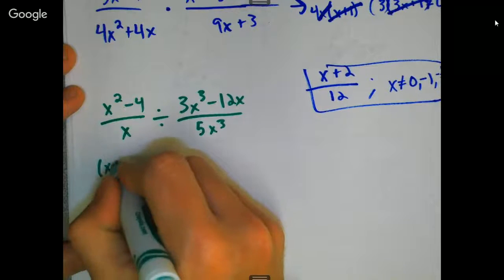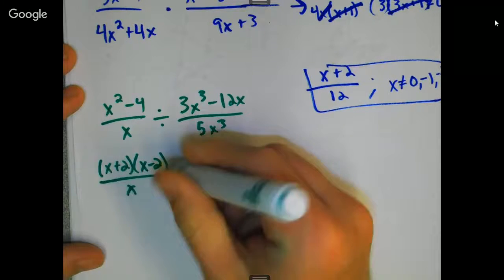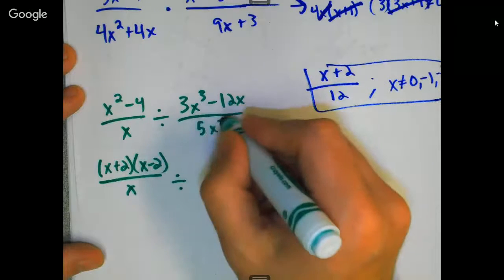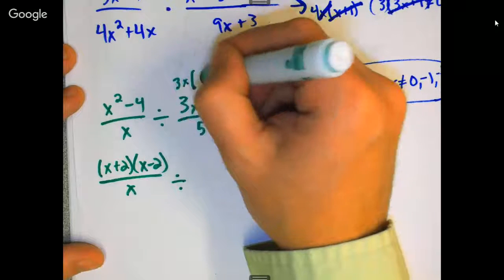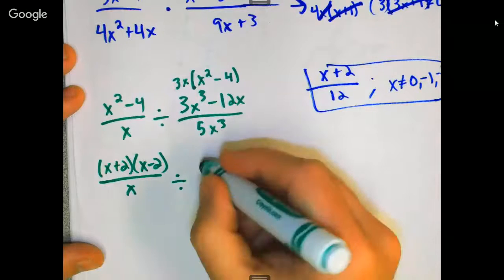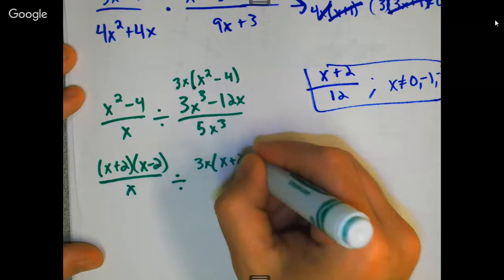So that's x plus 2, x minus 2 over x, divided by, okay, we've got a greatest common factor here of 3x. Factor it out, you get x squared minus 4, which is also a difference of squares. So you have 3x, x plus 2, x minus 2.